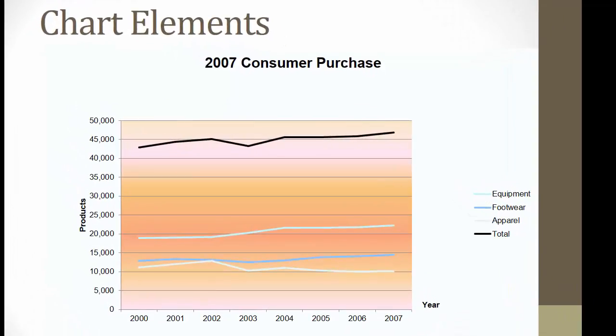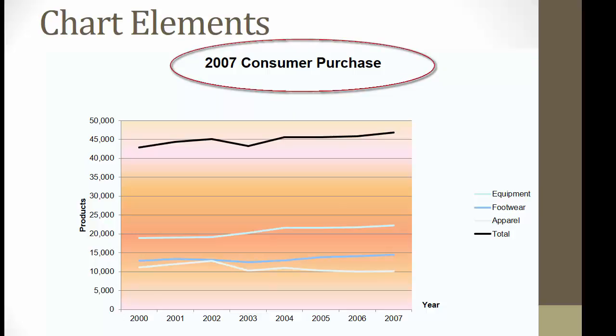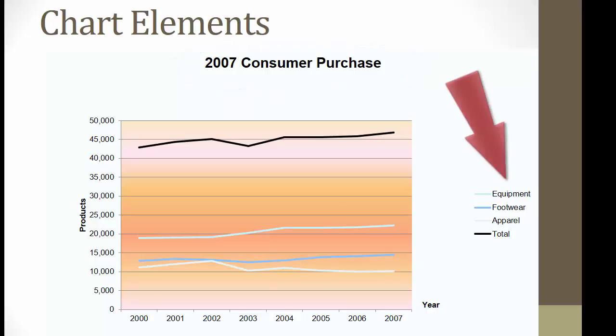Before we get into different chart types, let's familiarize ourselves with chart elements. On this slide, you will see the chart title on top, and you can see the chart legend on the right. The chart legend helps your readers to understand your chart better.